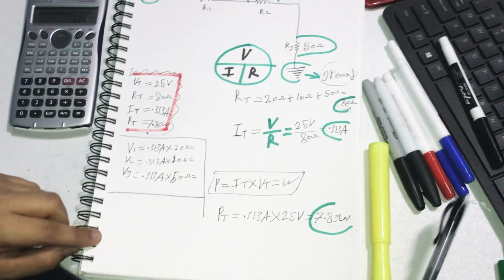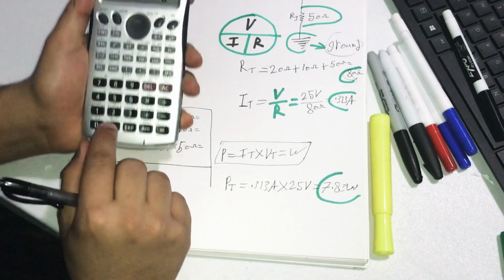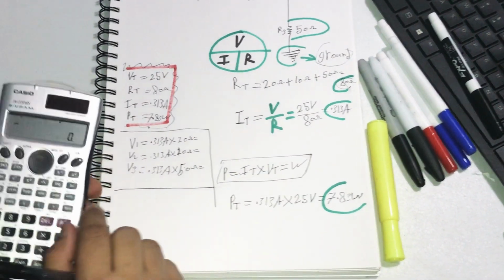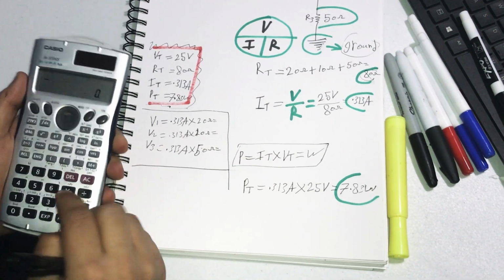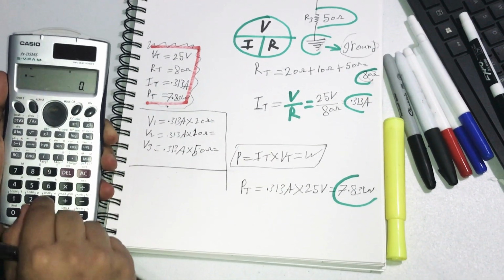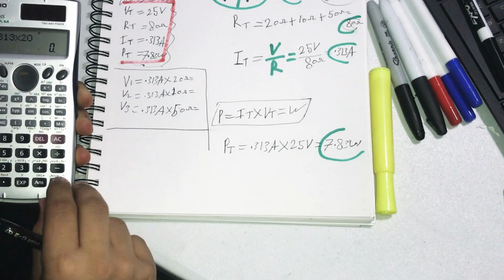Alright, let's use a calculator to help us solve this problem. We're going to put right here 0.313 amps times 20 ohms.